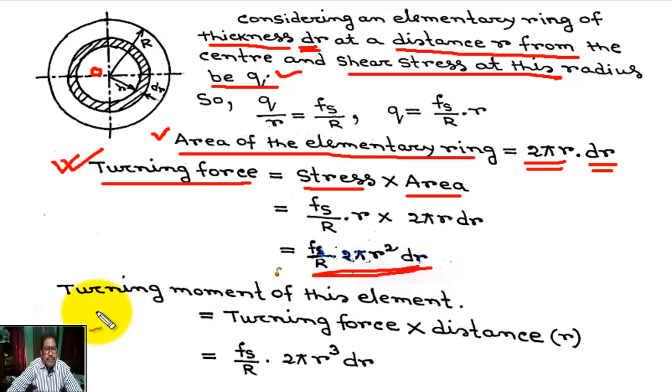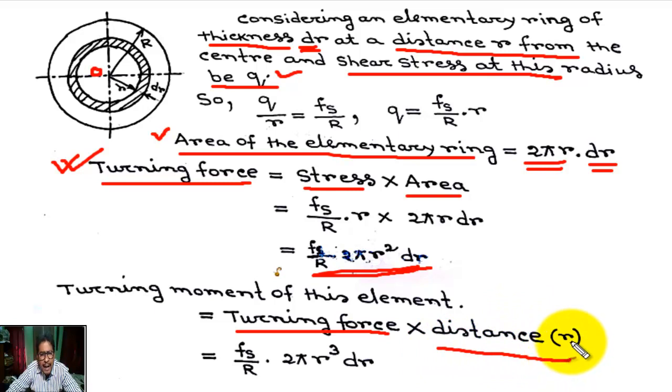Now turning moment means turning force into distance. Turning moment of this elementary ring equals turning force into distance from the center, equal to r.